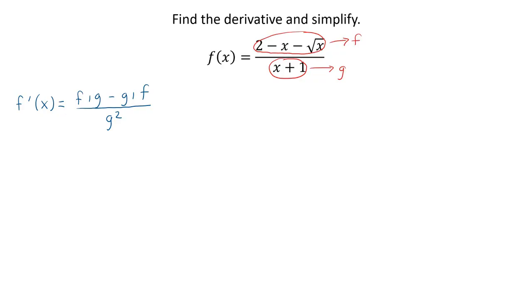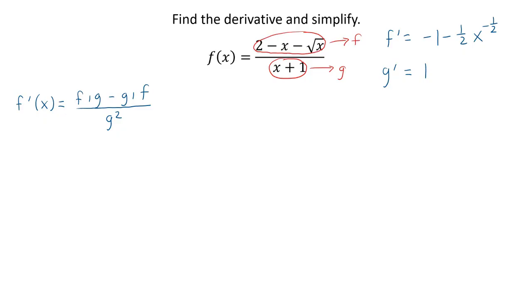Again, we're going to need the derivative of the numerator and the derivative of the denominator, so let's find those first. The derivative of the numerator is negative 1 minus 1/2 x to the negative 1/2. And the derivative of the denominator is 1.